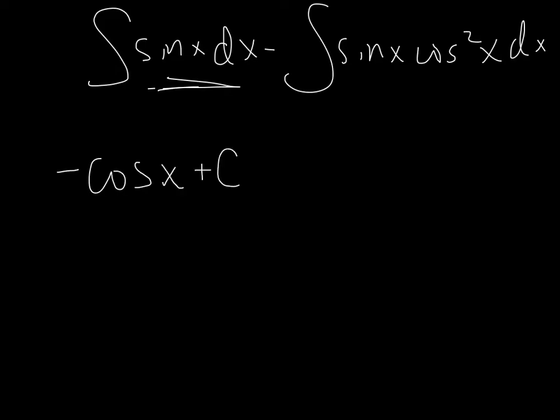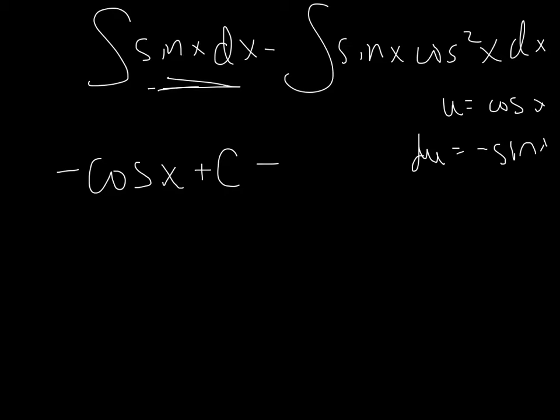Because derivative of cosine is negative sine, so the derivative of negative cosine would be sine. Minus, now for this one, I would let u equal cosine x. So u equals cosine x, so du is negative sine x dx. So all I'm missing is the negative.